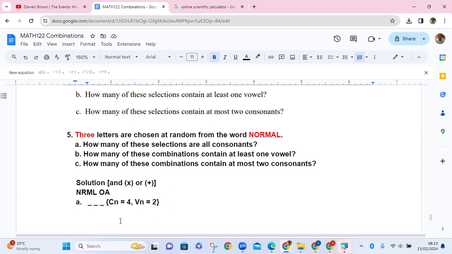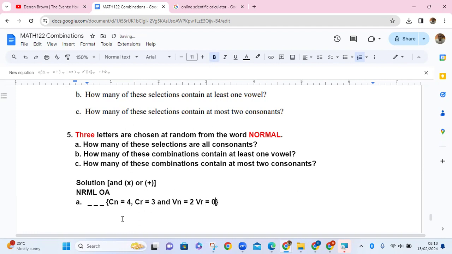So basically, what we are doing is selecting from those 4 consonants, 3. So our number of consonants selected will be equal to 3, all consonants. And from the number of vowels, which is 2, let's use R for how many we are selecting.